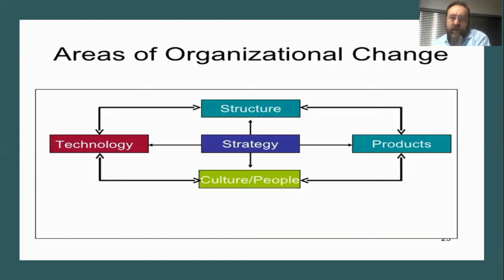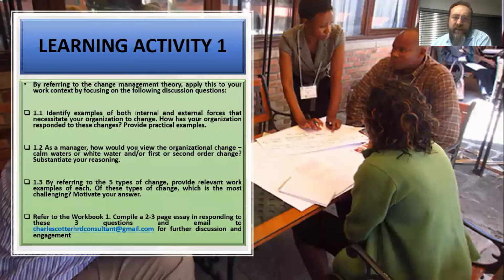Of course, this puts a lot of pressure on their change management processes. Simultaneously, their strategy is changing, their product or service offering is changing, the organizational culture is changing, technology is changing, their structure is constantly changing. So this leads us to many different challenges.